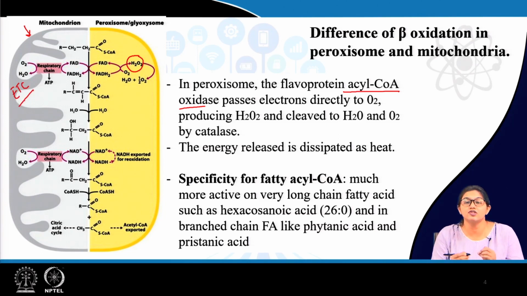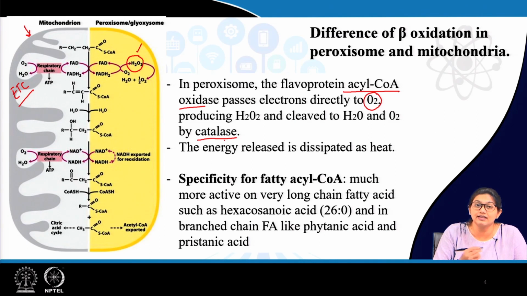But in peroxisomal oxidation, these electrons do not enter the ETC, because definitely this is peroxisome. So what happens to those electrons? They are directly transferred to molecular oxygen forming H2O2, and this H2O2 is broken down with the help of the enzyme catalase.